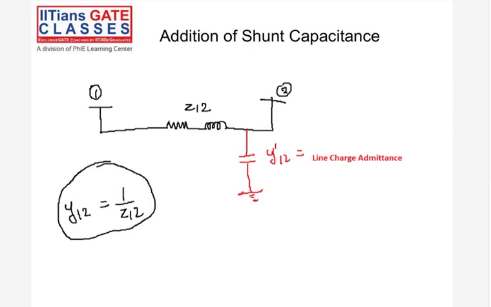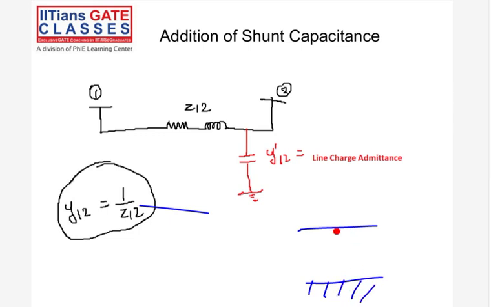Basically, the line is one plate of the capacitor, and the earth, this is our ground, is another plate of the capacitor.